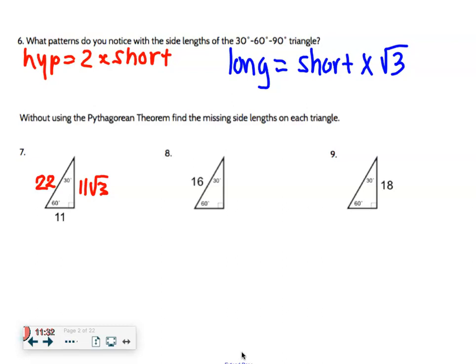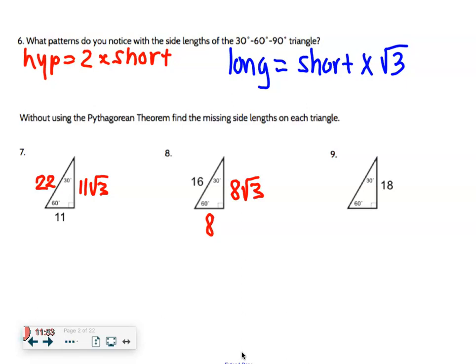So then on 8, I have my hypotenuse. How do you get your short? Divide by 2. So what is it? 8. And then my long side would be 8 root 3. Done.